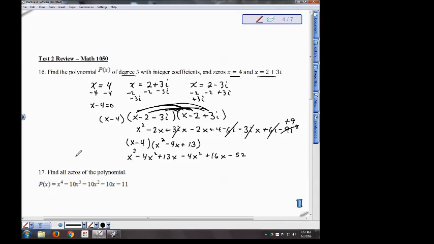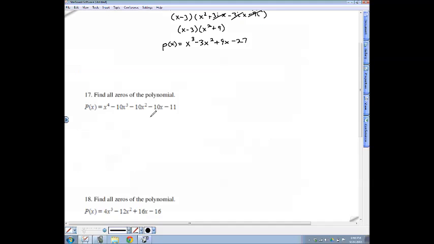Combine those like terms and you have your final product here: x to the third minus 8x squared plus 29x minus 52.